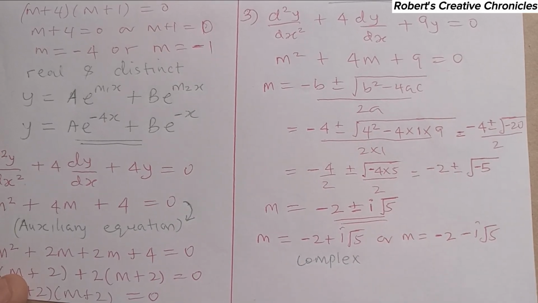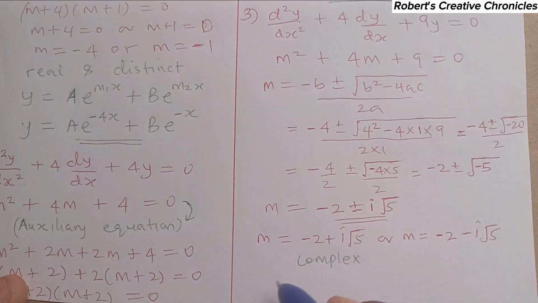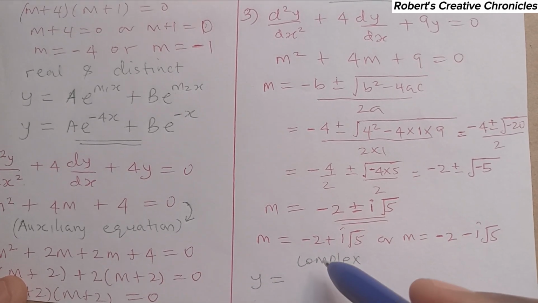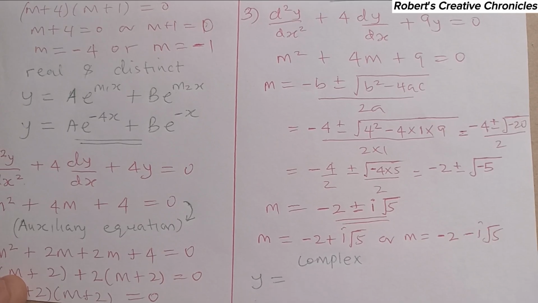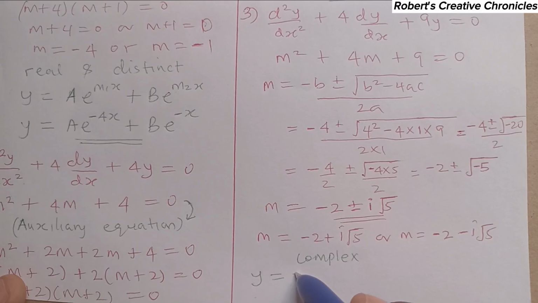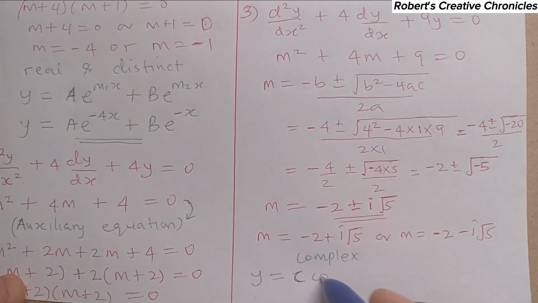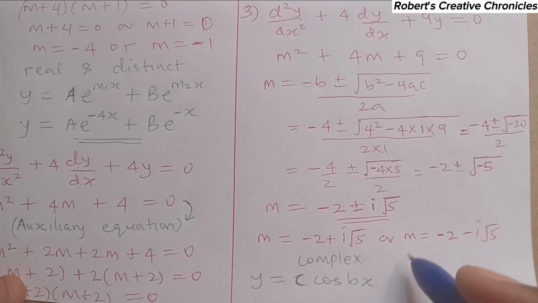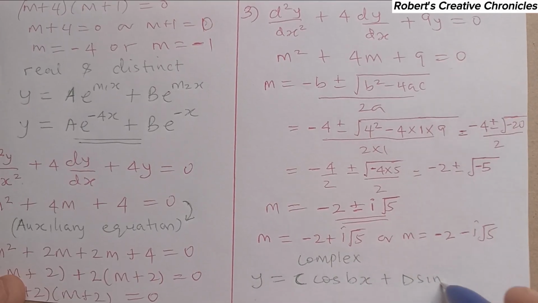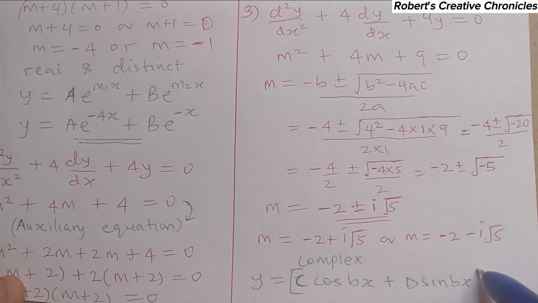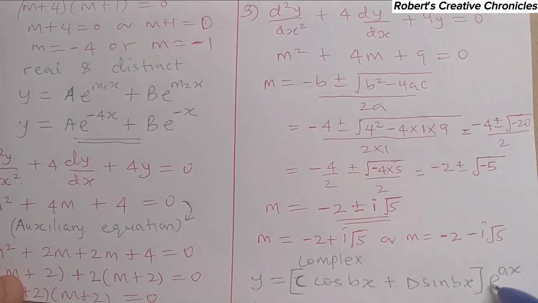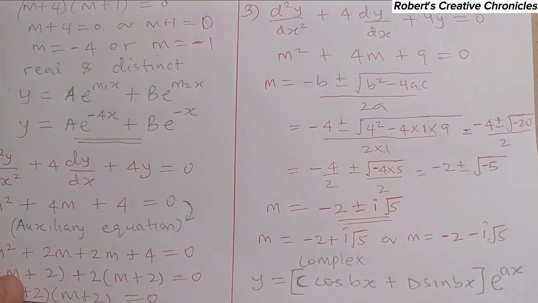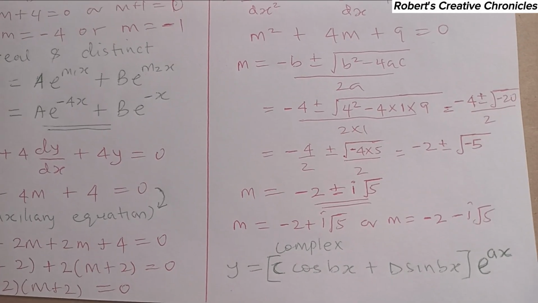Now the way of solving complex auxiliary roots, the general solution is given by y is equal to c cos bx plus d sine bx, whole bracket, e exponential ax. So this is the general solution for complex auxiliary roots.